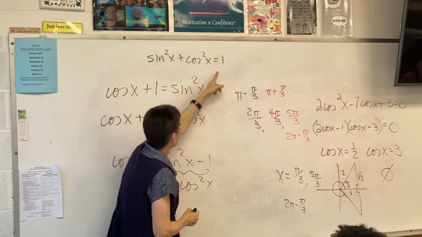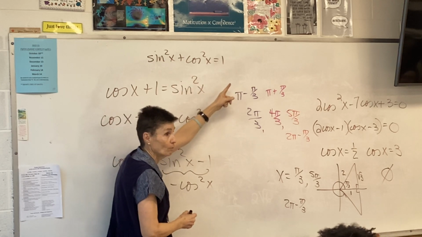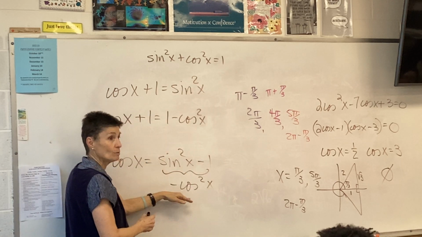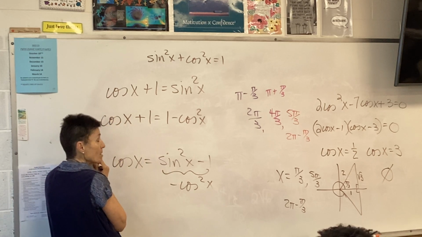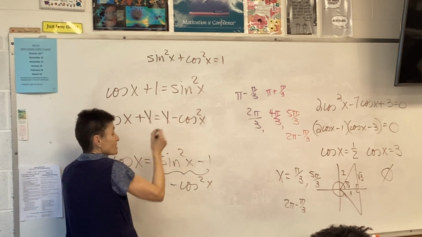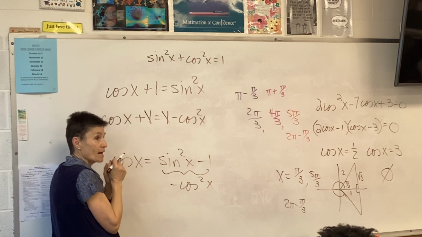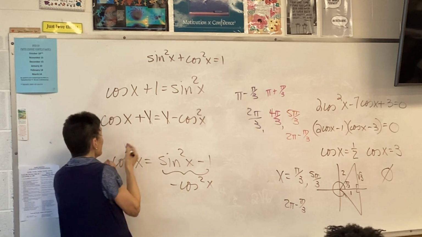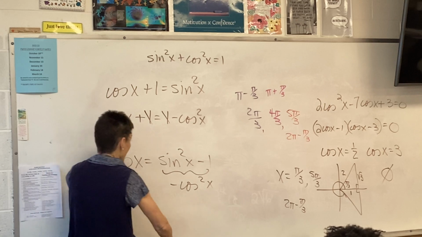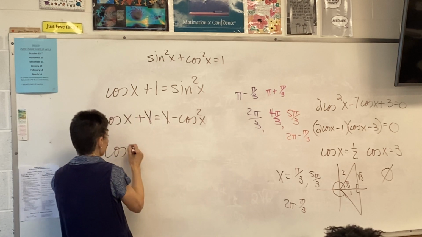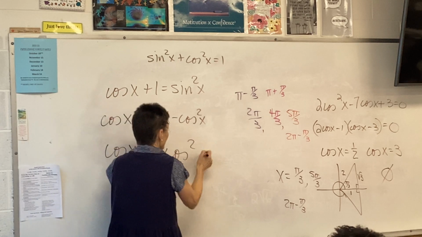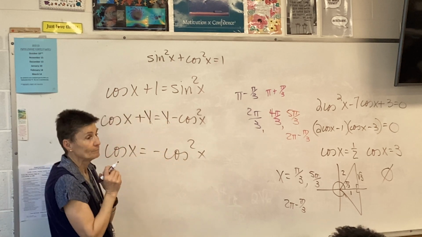You see if you bring the 1 over or take the cosine over, see how that's true? He's going to end up exactly where we are because these 1s are going to cancel. Subtract 1 from both sides, they're going to cancel. So we have cosine equaling negative cosine squared. That's what we have.